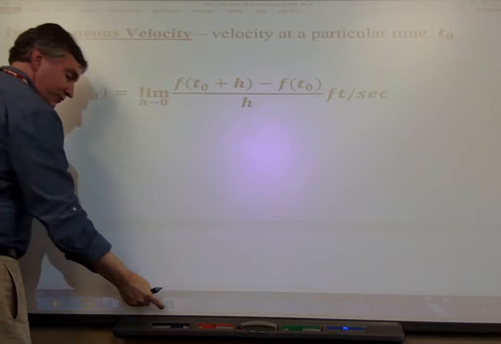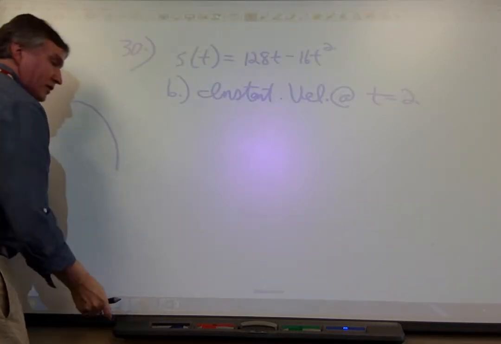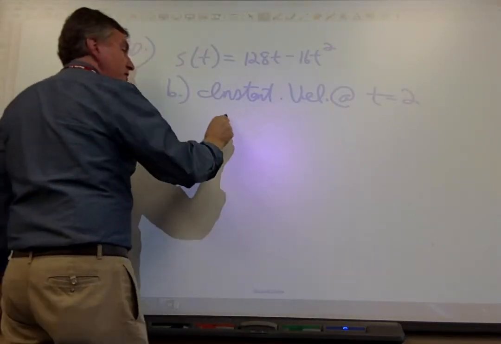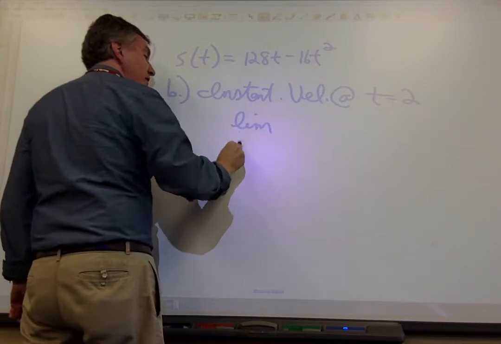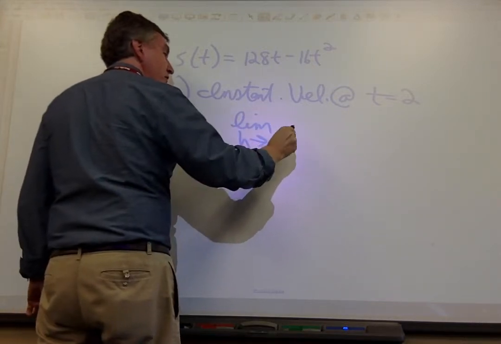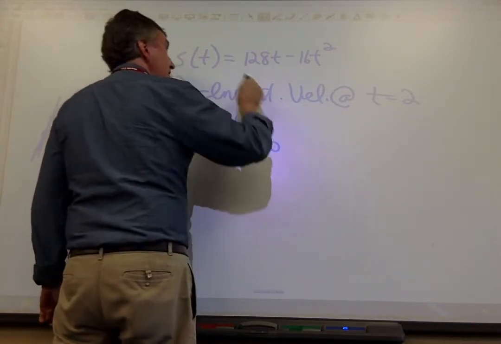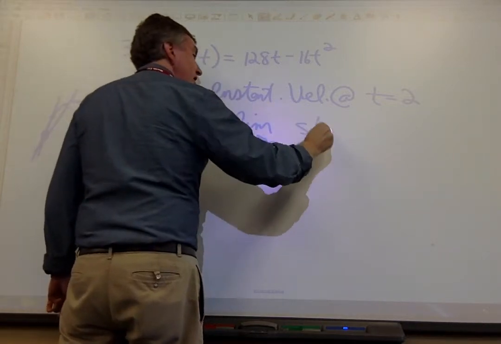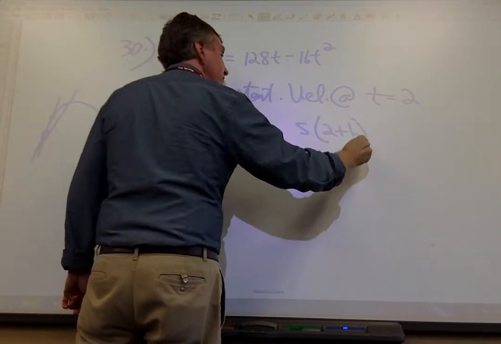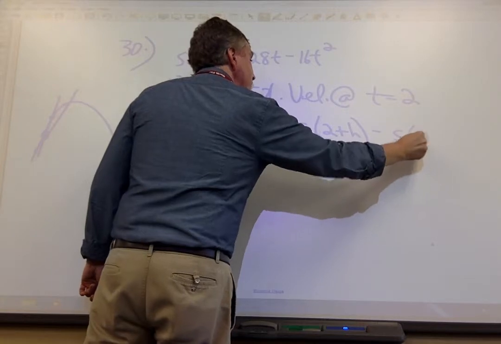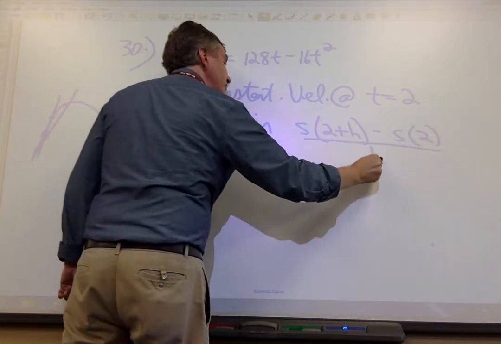Okay, for this problem. So let's do that. That will be the limit as h approaches 0. In this case, it was s. S of 2 plus h minus s of 2 seconds over h.